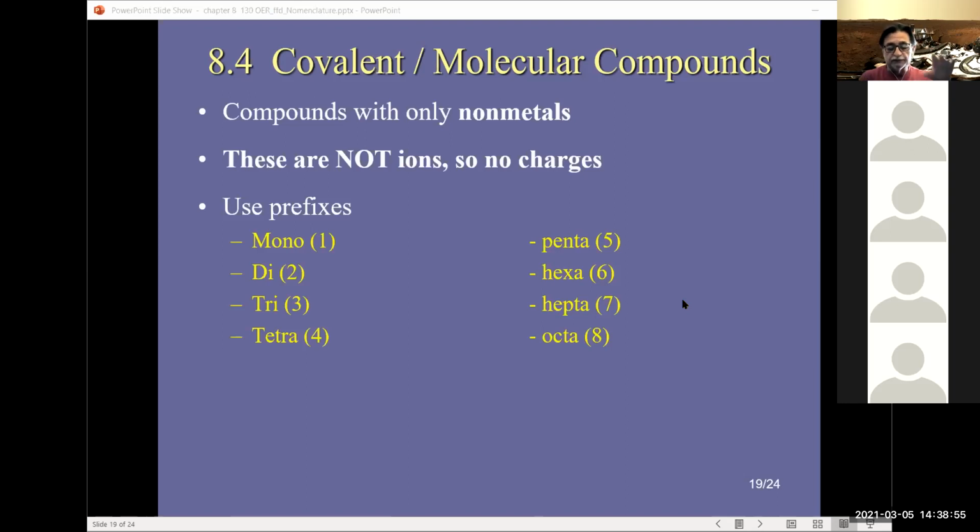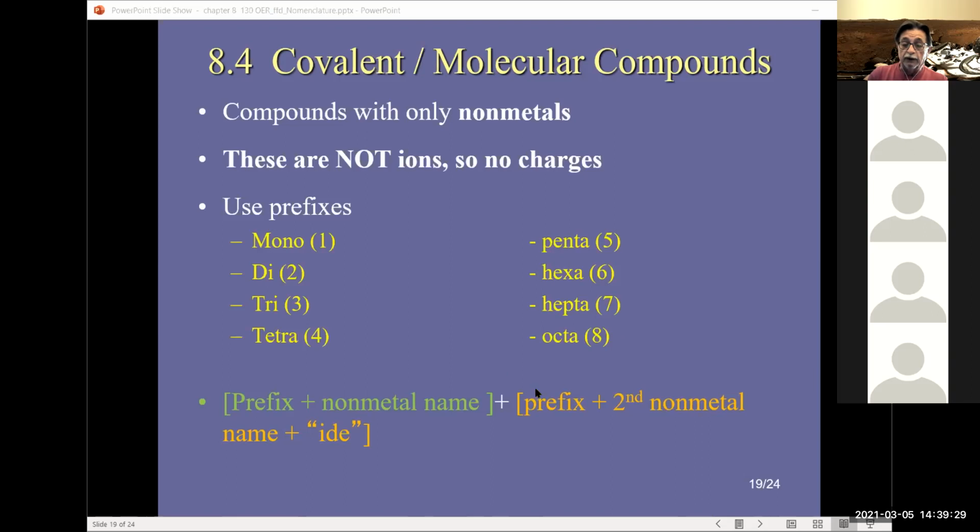We use the prefixes mono for 1, di for 2, tri for 3, tetra for 4, penta for 5, hexa for 6, hepta for 7, octa for 8, and occasionally you see 9, nona, and 10, deca. Okay, that gives you a number because we really now have to talk about how many nonmetal atoms we're dealing with.